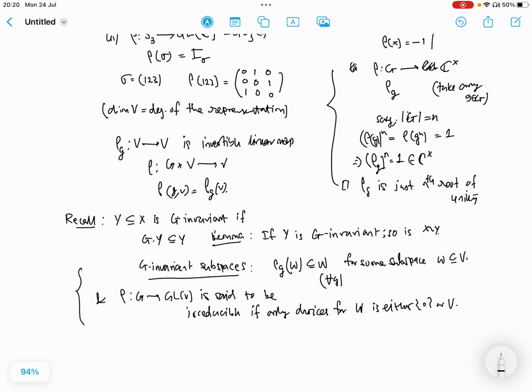So if you take any such sigma and consider the subspace W, which is the span of E1 plus E2 plus E3, where Ei is the standard basis vector, you know what I mean, this is inside this for all sigma, right? And it is one-dimensional, and V is three-dimensional.